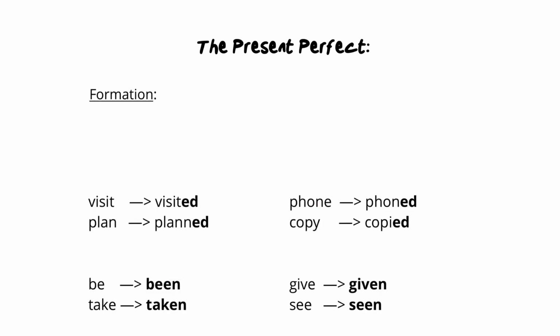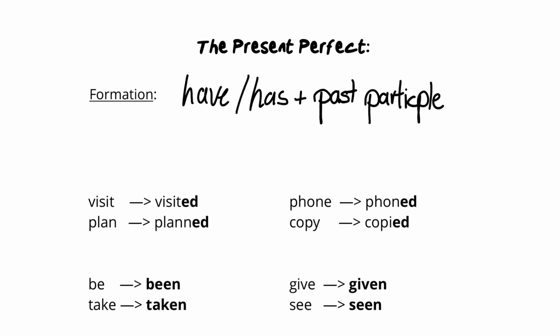Now let's just quickly repeat how the present perfect is formed. In order to form the present perfect, you need a form of to have, so have or has, and the past participle, the Partizip Perfekt in German.